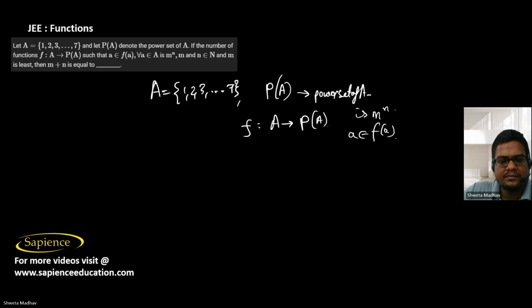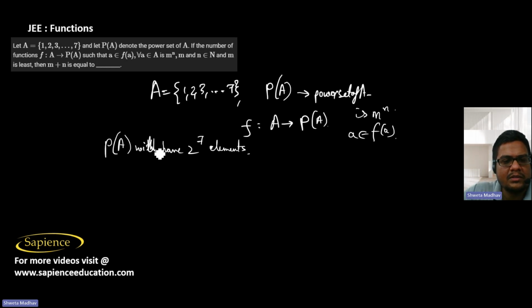The power set of A will have actually 2 power 7 elements, since these will be the total number of subsets of the set A. We have to find m plus n, where m is the least.